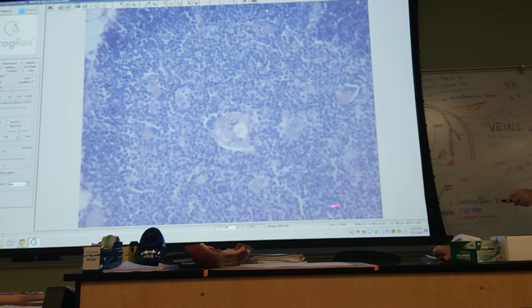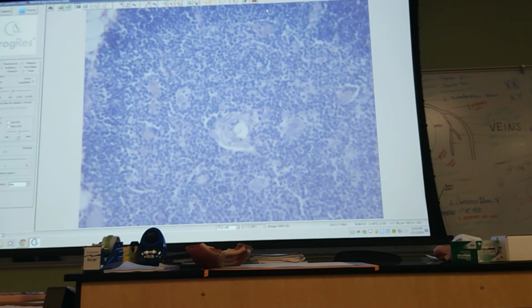So this area is medulla. Within the medulla, you have thymic corpuscles. These are lighter or darker stained circular structures within the medulla that will not be filled with dots like the rest of the medulla. They are circular layers of cells. Most often, you do not see what looks like a lumen. These are not arteries. They don't have a lumen, although that one sort of looks like it does. Okay?